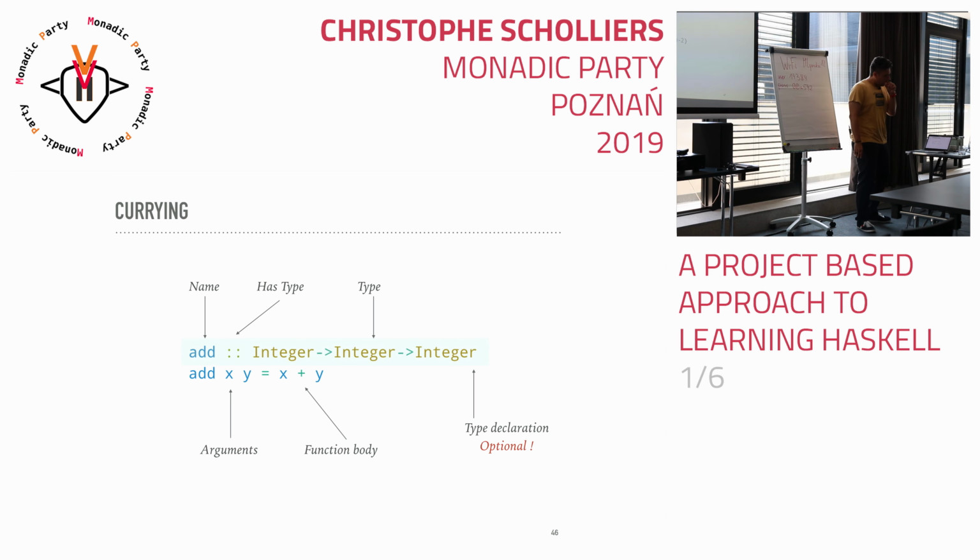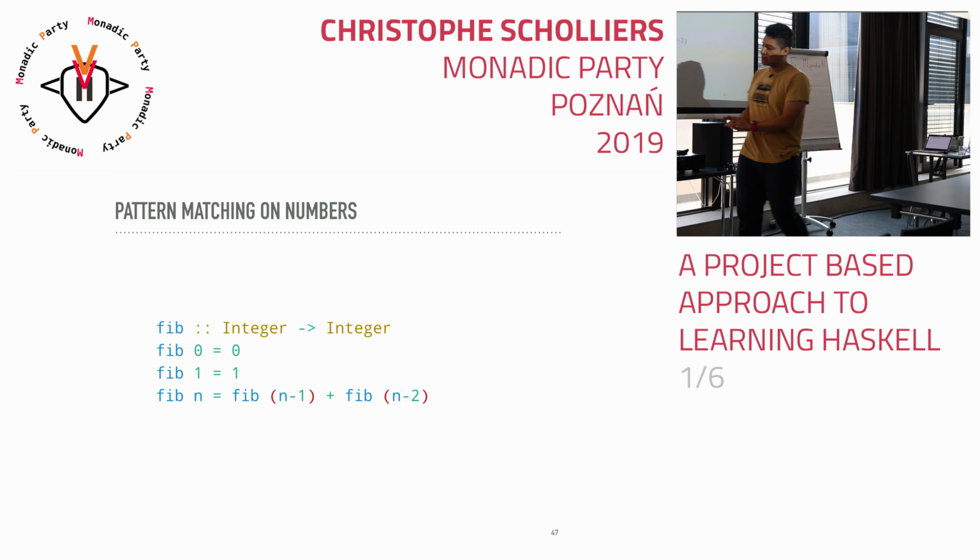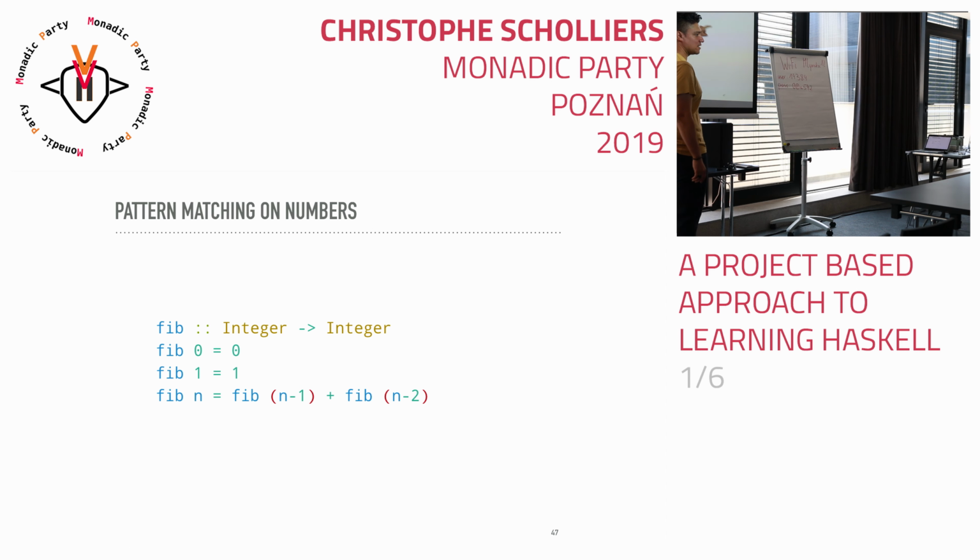Okay, so when we make function definitions, we can also use pattern matching, and pattern matching is something super cool. So we define the Fibonacci, and it's a function which takes an integer and it returns an integer. And so instead of writing a variable here, for example x or y, we can actually use a value here. Yeah? And so what's going to happen is that when you call the Fibonacci function, Haskell is going to look at the argument, and if it's 0, it's going to go into this branch and return 0.